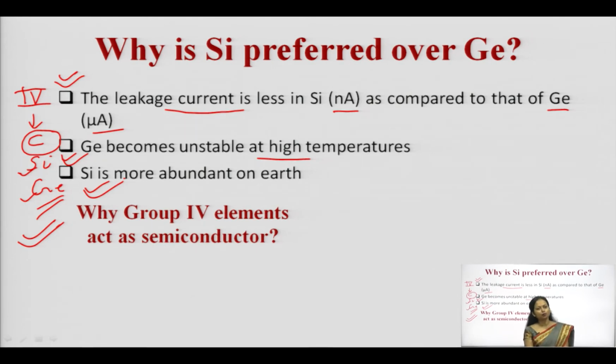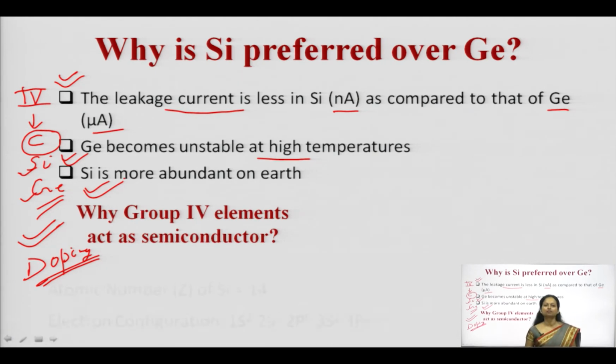First and very basic thing you can explain is that the chemical properties of group 4 materials are very much suitable for doping, via which conductivity is increased and extrinsic semiconductors are fabricated. So, their structure is very much suitable for doping.